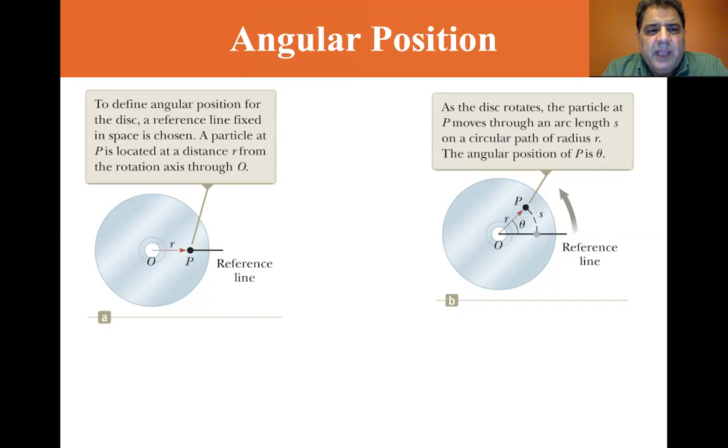So a particle at P is located at a distance r from the rotation axis through the origin. As the disk rotates, the particle at P moves through an arc length S on a circular path of radius r. The angular position of P is theta.